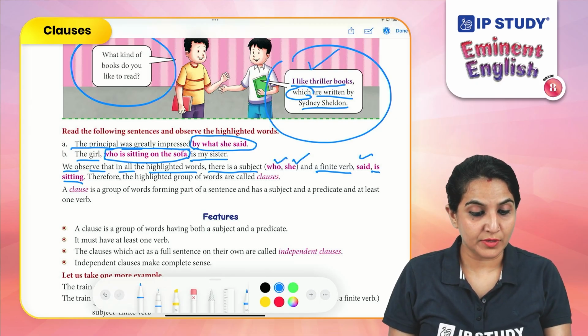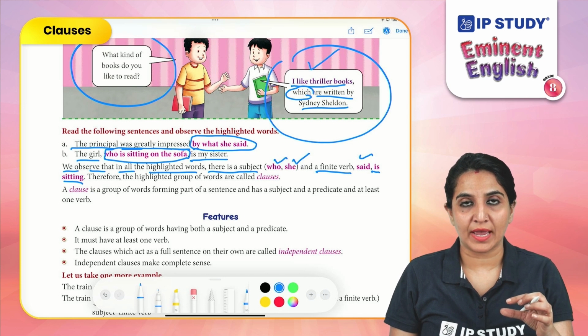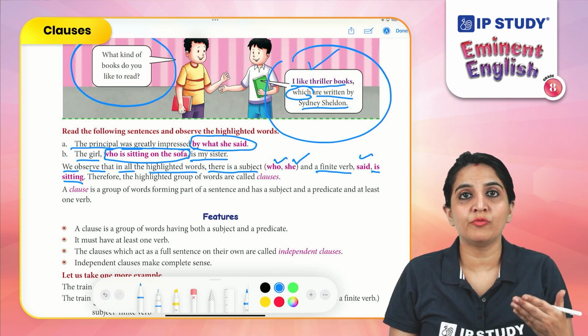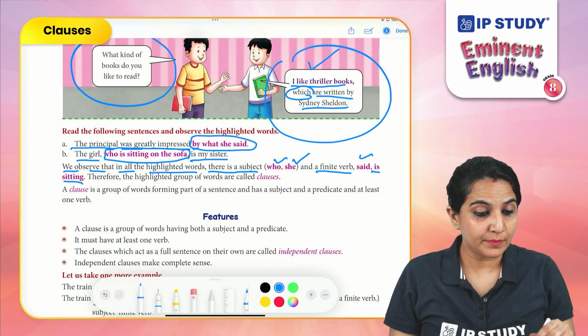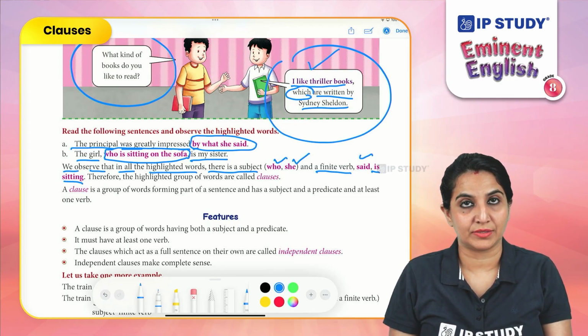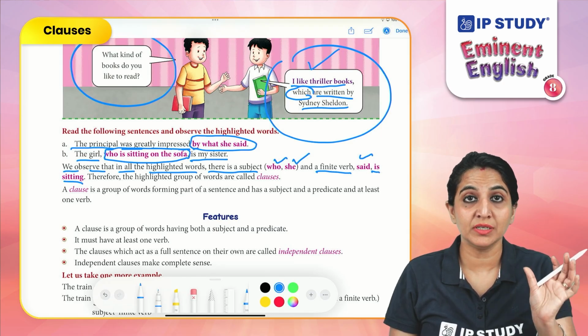So, in the first sentence, the principal was greatly impressed by what she said. This sentence has a subject, that means whom we are talking about in the sentence. Similarly, the girl who is sitting on the sofa is my sister. In this sentence as well, we have a subject, which is a girl.